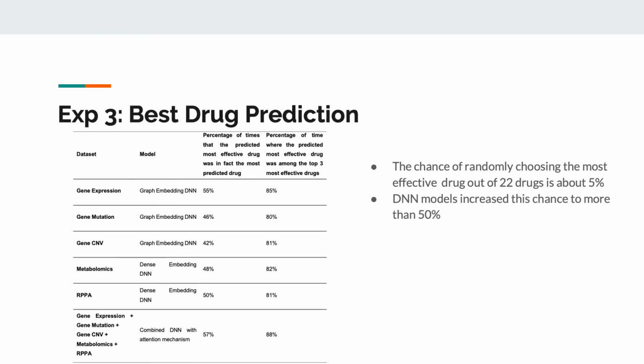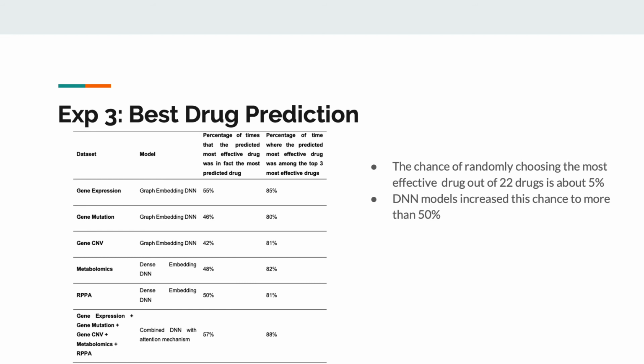Since the goal of our research is to be able to predict the cellular responses to various drugs so that doctors can prescribe the most effective drug to the patients, another metric that we have devised for judging the DNN result is the percentage of times that the predicted most effective drug was in fact the most effective drug, and the percentage of time where the predicted most effective drug was among the top 3 most effective drugs in actuality.